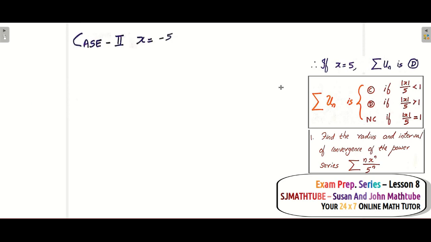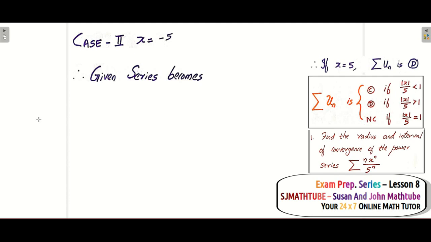Now case number 2, when x is equal to minus 5. Now tell me what will happen if I plug in minus 5. Okay, before we start, tell me what is ab the whole power n? Isn't it a to the power n multiplied by b to the power n?